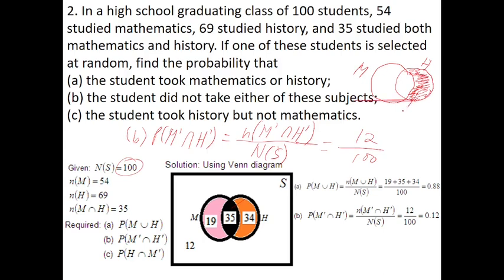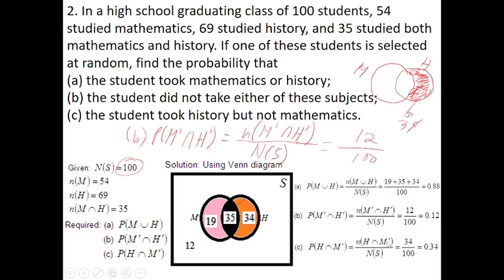At ilan yan? They are 34. Kaya ito yung solution. History and not mathematics, bilang ng mga estudyante na nagtitake ng history lang. Ito yung 34. History, intersection, mathematics event, not mathematics.